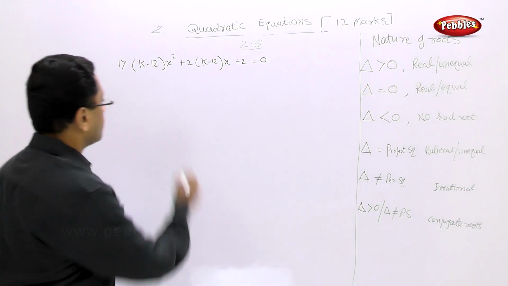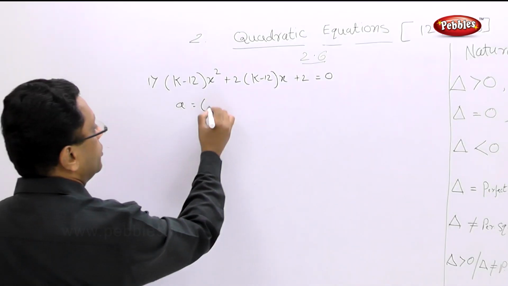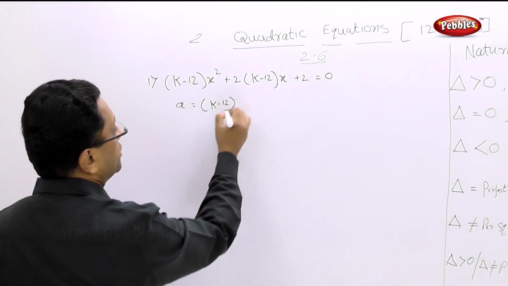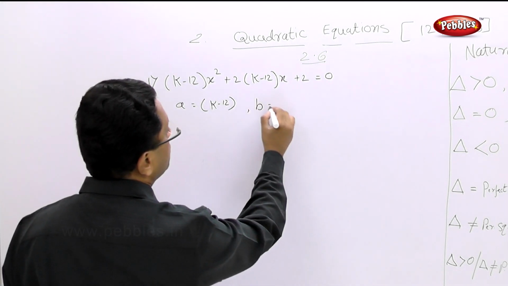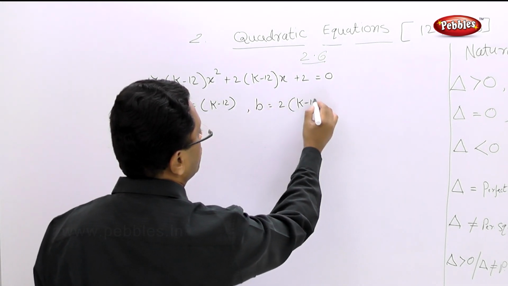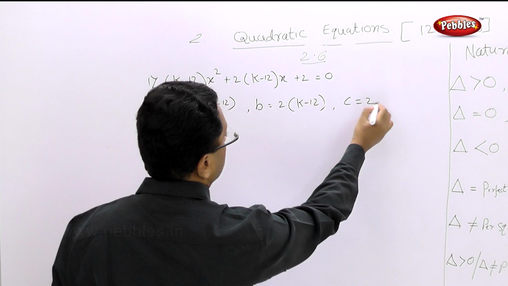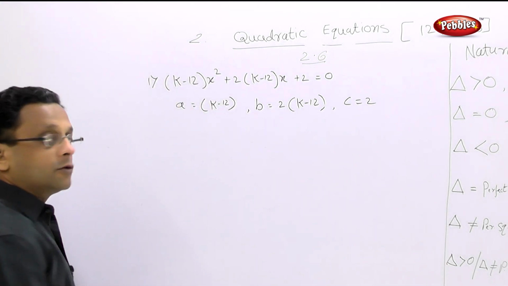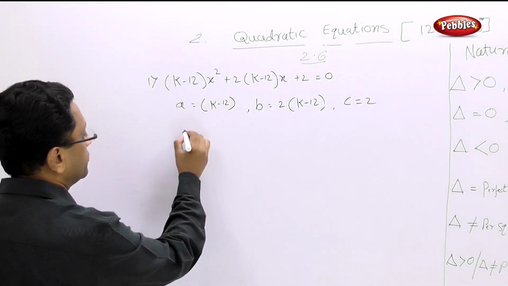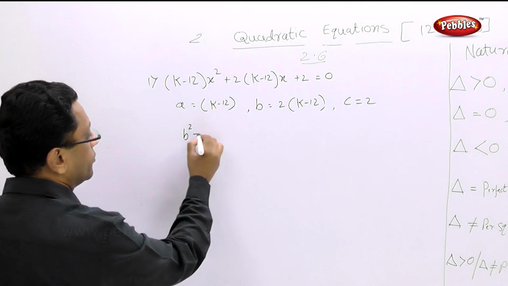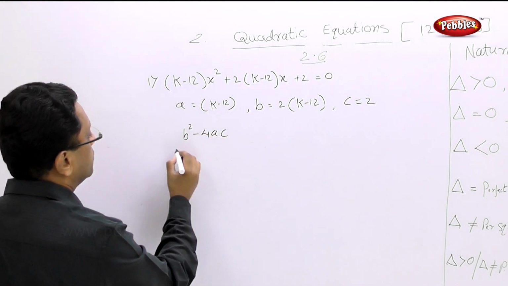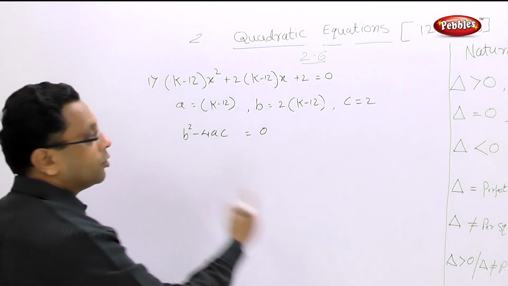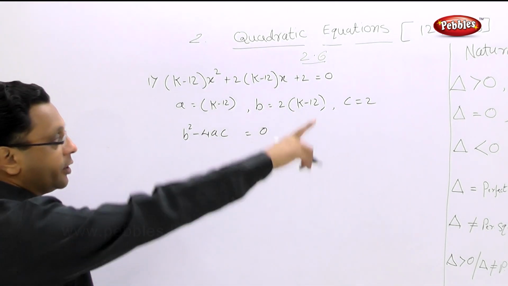Let me solve this. Here A is equal to k minus 12, B is equal to 2k minus 12, and C is equal to 2. So B square minus 4AC we will have equal to 0, because discriminant equal to 0, the roots are real and equal.